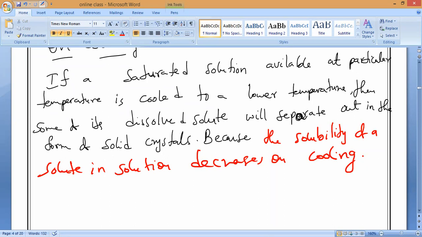Is it okay, everybody? Any doubt? Anybody can ask. Are you clear? So this is what solubility is, what saturated is and what unsaturated is. How many of you understand clearly the effect of heating and the effect of cooling?